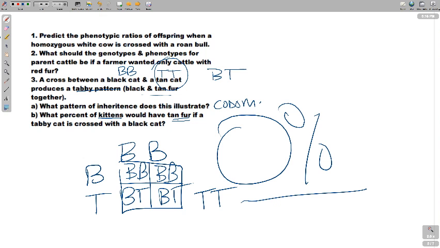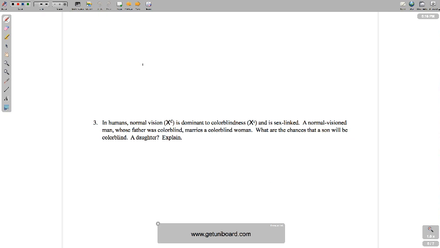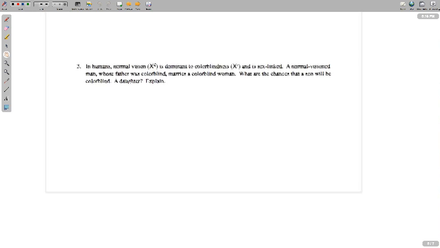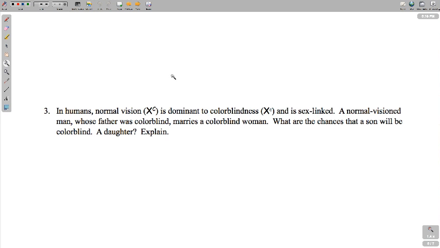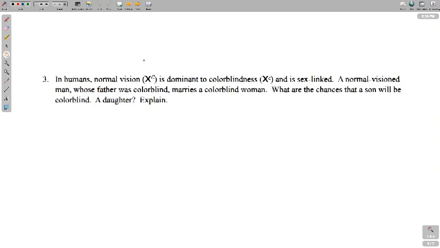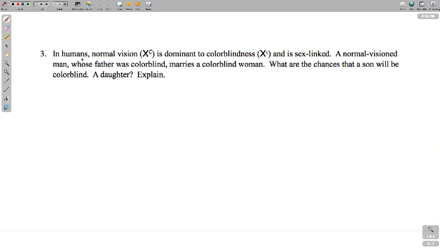All right, great. Let's see if there's more. Okay, I found a sex-linked one, just so you can be ready for that. Let's zoom in a little bit here. If you want to try this one, you can pause. In humans, normal vision, with a big C there, is dominant to color blindness, little c. Again, C's are annoying. I wouldn't use C's. That's why we use R's in class, because these two look the same.